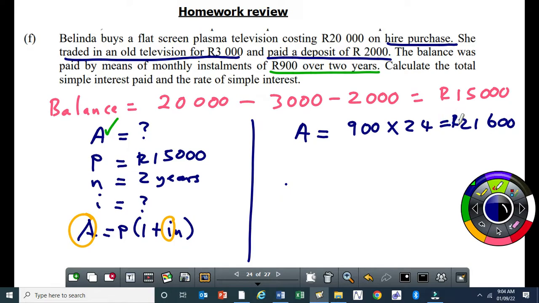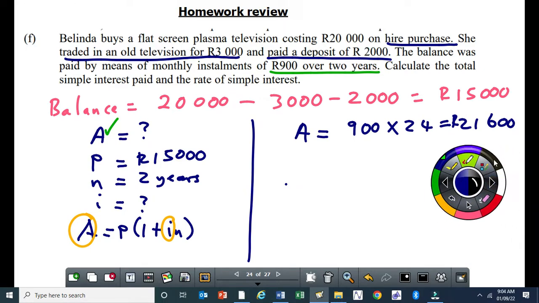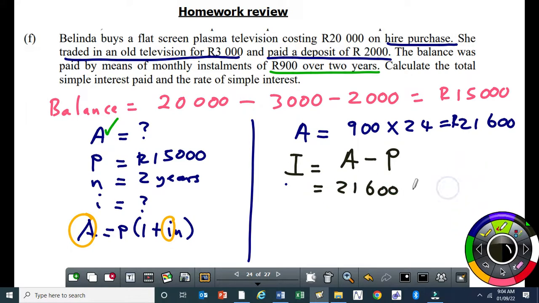Then, how much interest? Here it says, calculate the total simple interest. That A is not the total simple interest. Remember I gave you a formula, you need to pay attention. I told you that interest is always equal to A minus P. So here, our A is 21,600 minus P, which is 15,000.